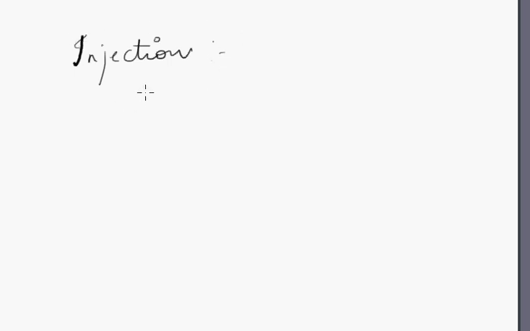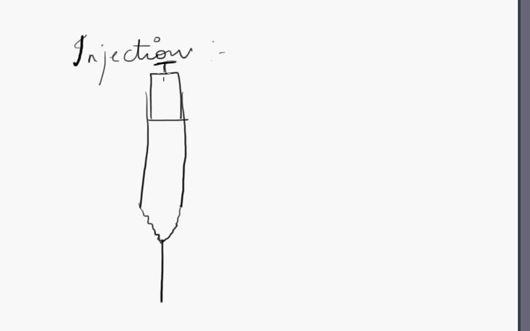So how is an injection formed? There is a tube-like structure somewhat like this. There's a needle, the dangerous needle, and there is a piston attached to that particular syringe. We call it a syringe. But how does this injection work basically?